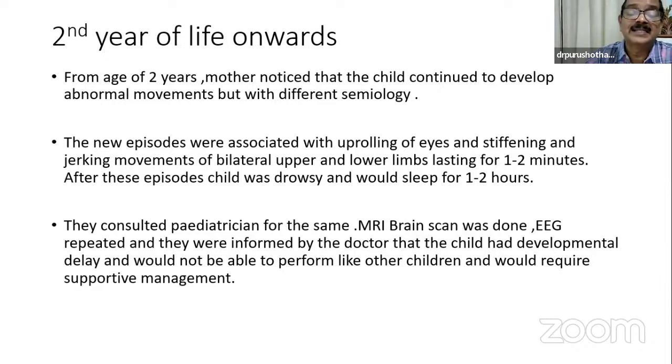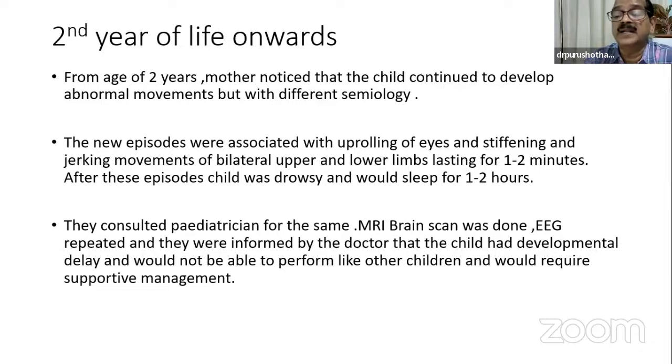In this case, it suggests more of a CP. What is the point which suggests more of a seizure? There is post-episode drowsiness and the child will sleep. Drowsiness and sleep following this, and it is a jerky type of movement, uprolling of eyes and stiffening. All this suggests a seizure, but it's another semiology.